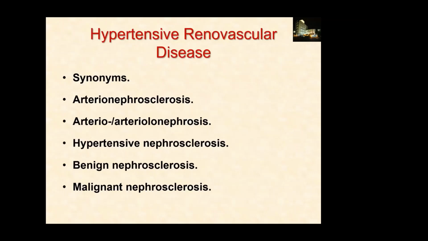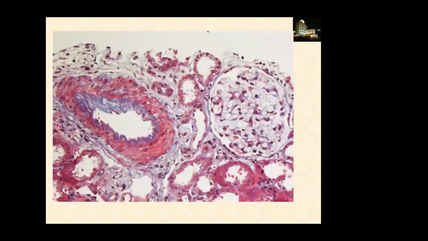The next group is chronic renal failure, where we have hypertensive renal vascular disease. And here we have an example of a hypertensive patient. This glomerulus here is showing normal morphology.